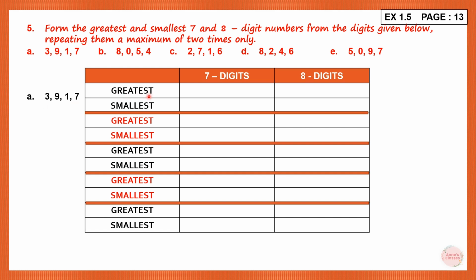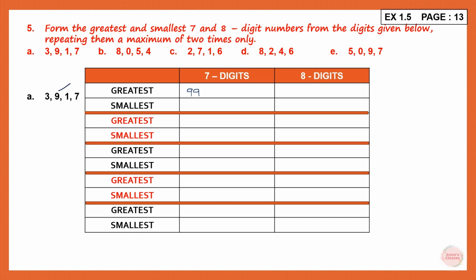So when we form the greatest number, we start arranging from big to small: 9, 7, 3, 1. But if you put only those 4 digits, you'll get a 4-digit number. You must get a 7-digit number, so we are going to repeat some digits. Let's start with the greatest, 9. Let's repeat that, and we can repeat only 2 times.